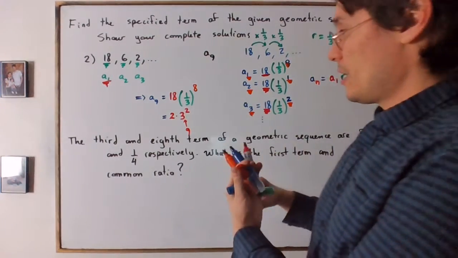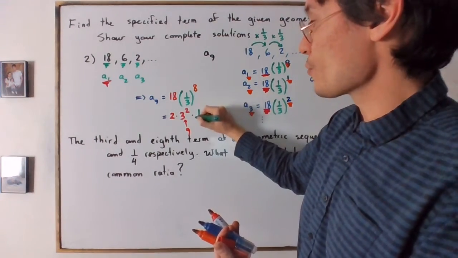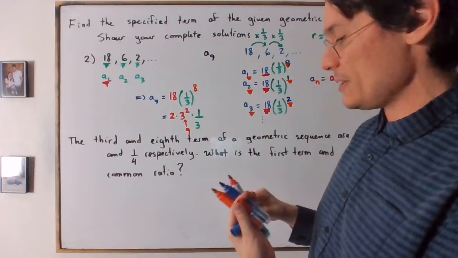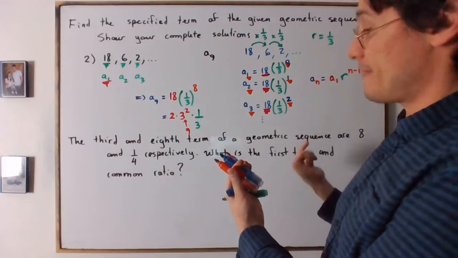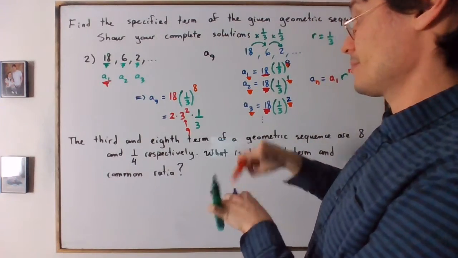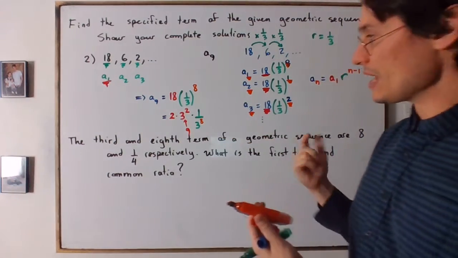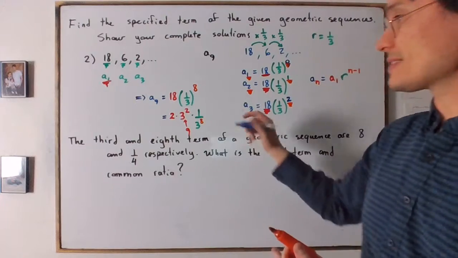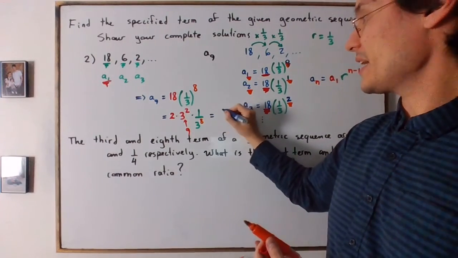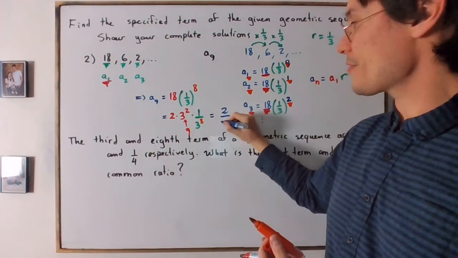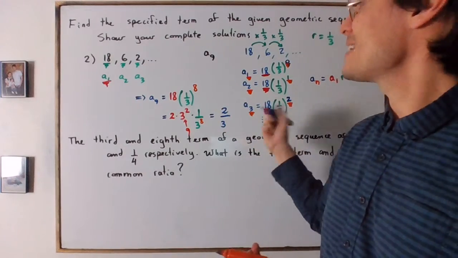And then the fraction, you can also reduce this to over 3 to the power of 8. This means that if you fully simplify your answer, you're going to get 2 over 3 to the power of 6.